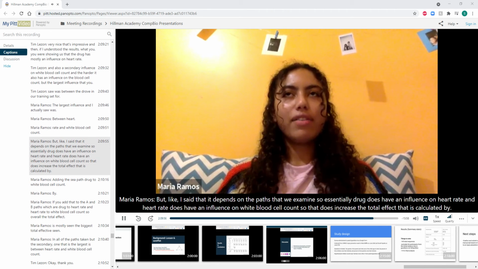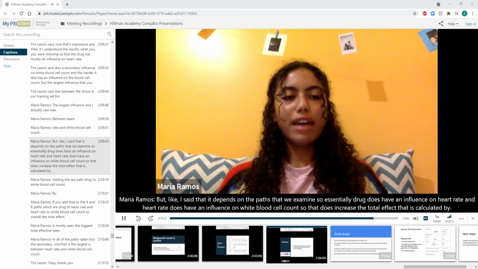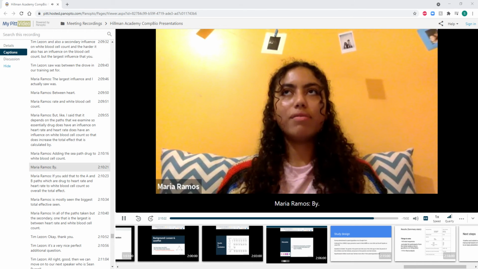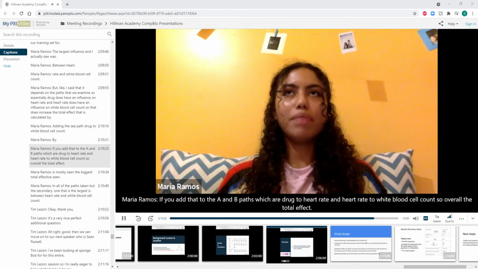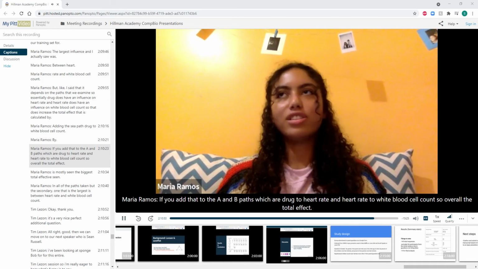But like I said, it depends on the paths that we examine. Essentially, drug does have an influence on heart rate, and heart rate does have an influence on white blood cell count. So that does increase the total effect that is calculated by adding the C path, drug to white blood cell count, to the A and B paths, which are drug to heart rate and heart rate to white blood cell count.